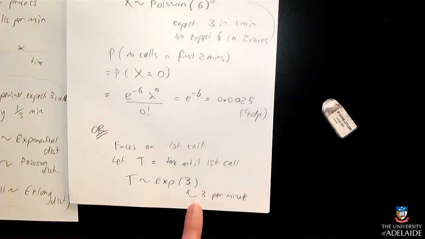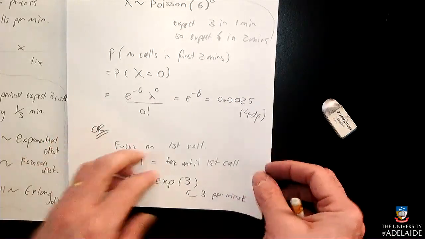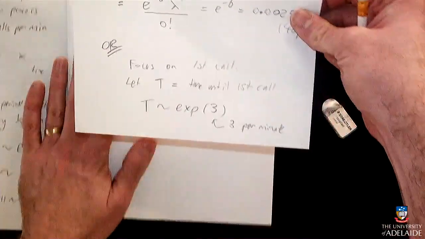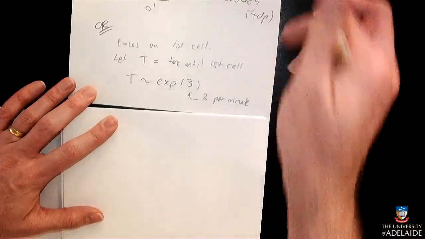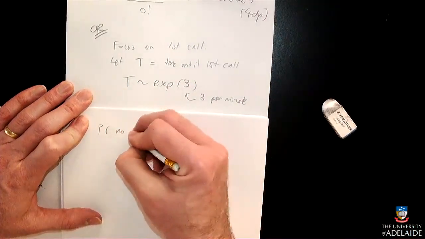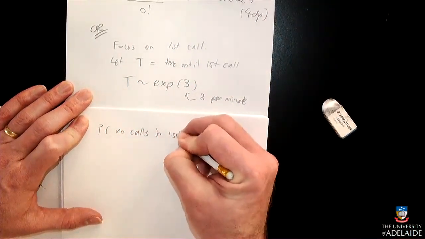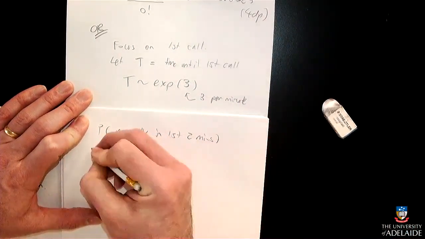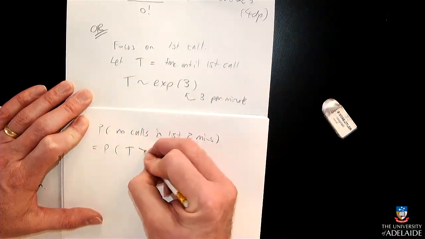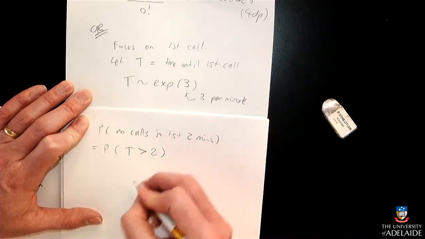Because this is 3 per minute, the time will be measured in minutes. If I put 6 there, the time would have been measured in 2-minute blocks. So if I wanted it in hours, I would need to figure out how many there were per hour to do that. Okay. And then the probability no calls in first 2 minutes is the probability that t is greater than 2 minutes.